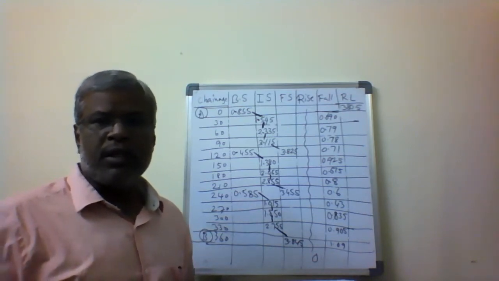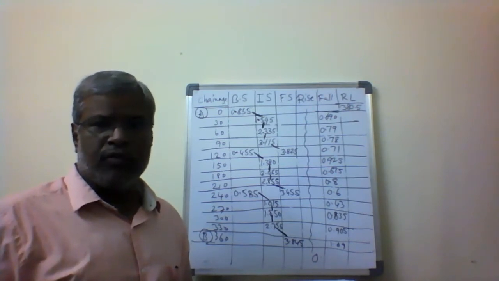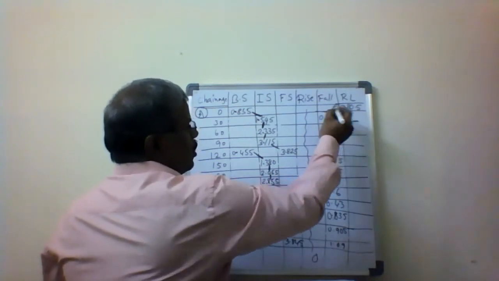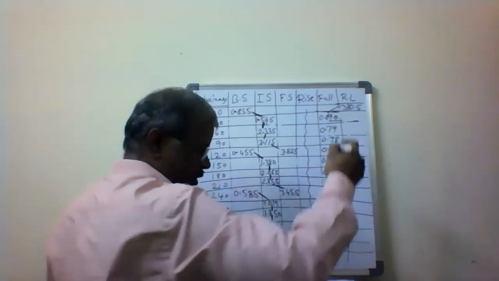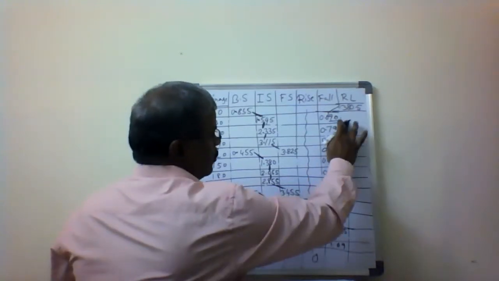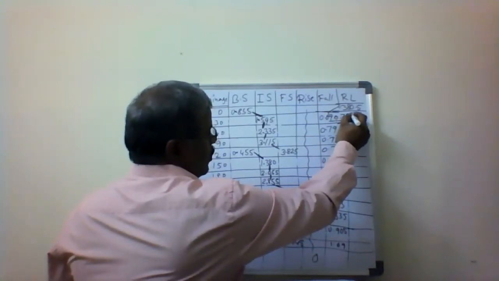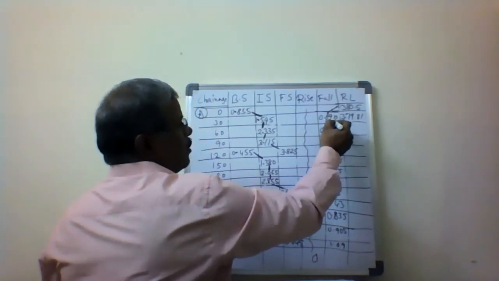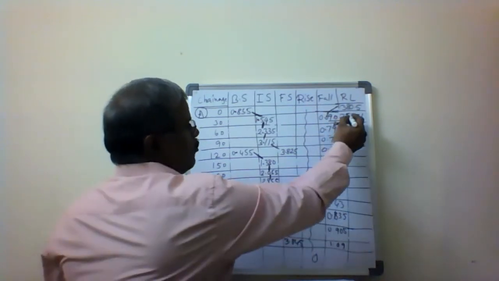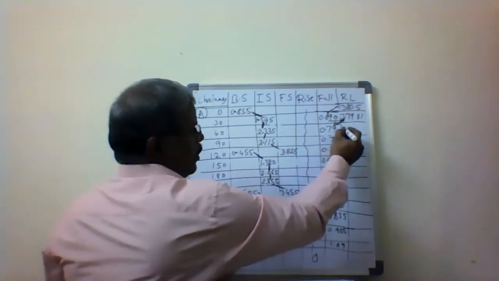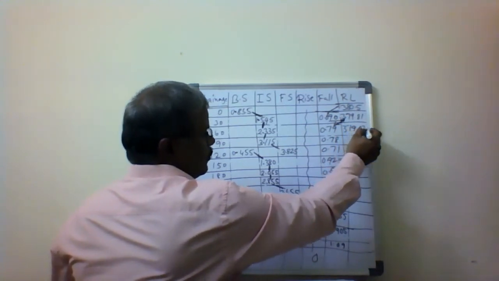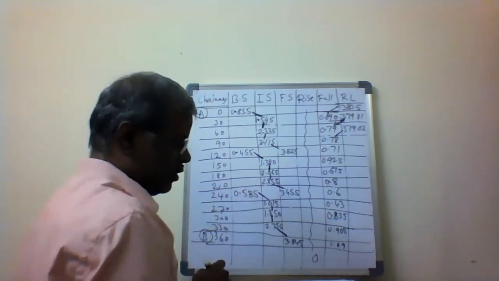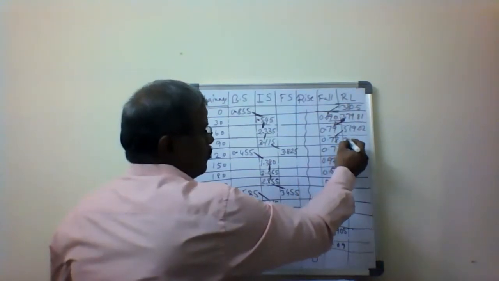Subtracting from the reduced level, because it comes under the fall, we subtract. So 380.5 minus 0.69 gives 379.81. Now subtracting from this: 379.81 minus 0.79 is 379.02. Then 379.02 minus 0.78 is 378.24.